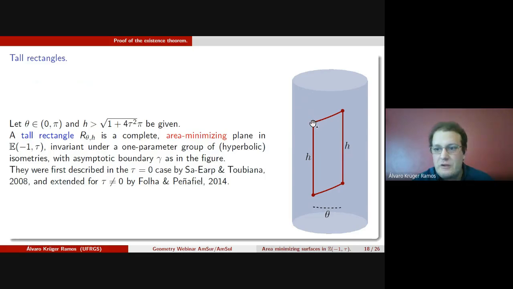I'm not sure if you can understand this picture, but here will be some height, and this point is a little above. But if tau is equal to 0, this would be a horizontal segment. So it's a little tilted rectangle. That's why we call this a tall rectangle. And this is just the asymptotic boundary of a tall rectangle. The tall rectangle is a surface inside E(-1, tau).